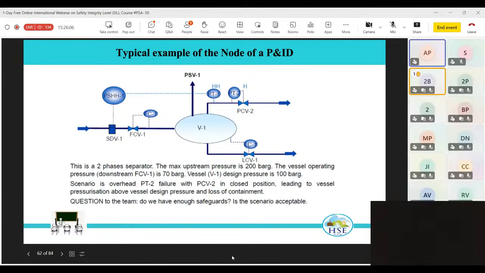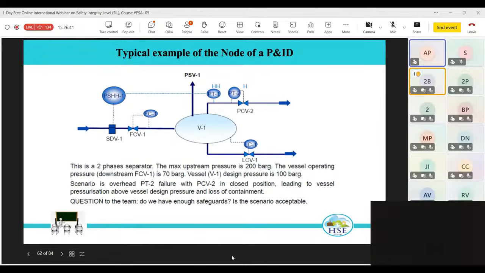So pressure going high, then PSHS condition, and finally you conclude that the recommendation could be in this particular case that the PSHH1 should be considered as a still rented loop. That means PT1, PSHH1, and SD1, all this together should be a safety instrumented function.